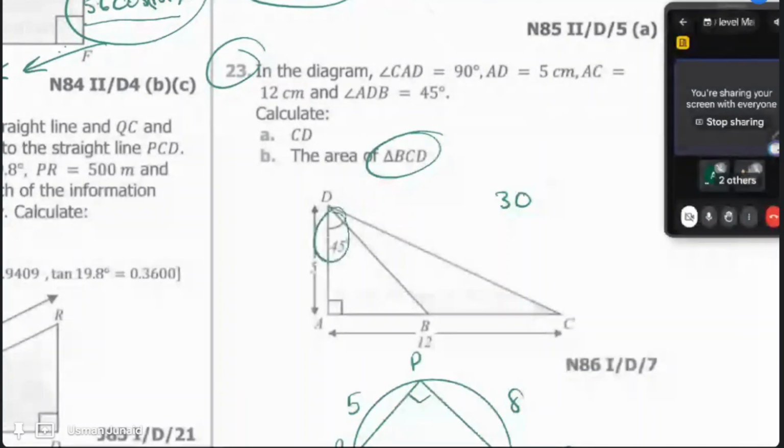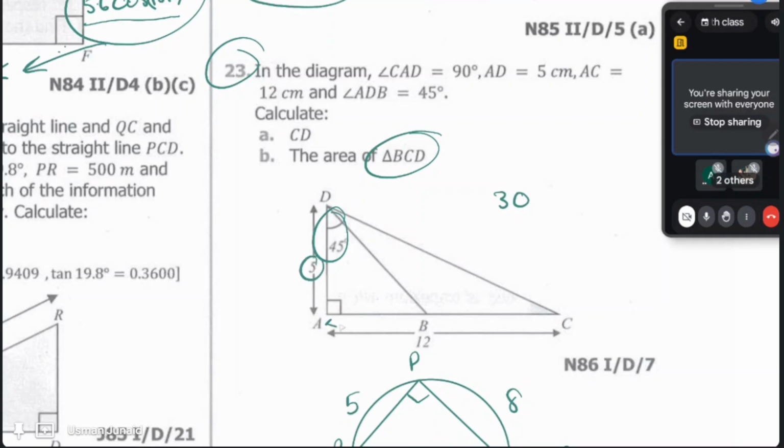You have this line, this angle, and you have this line. Can you find me the length of AB? So what ratio will you use? Tan. Opposite क्या होगा? Hypotenuse क्या होगा? Tan 45 is equal to opposite over adjacent, right? तो opposite कौन सी है?